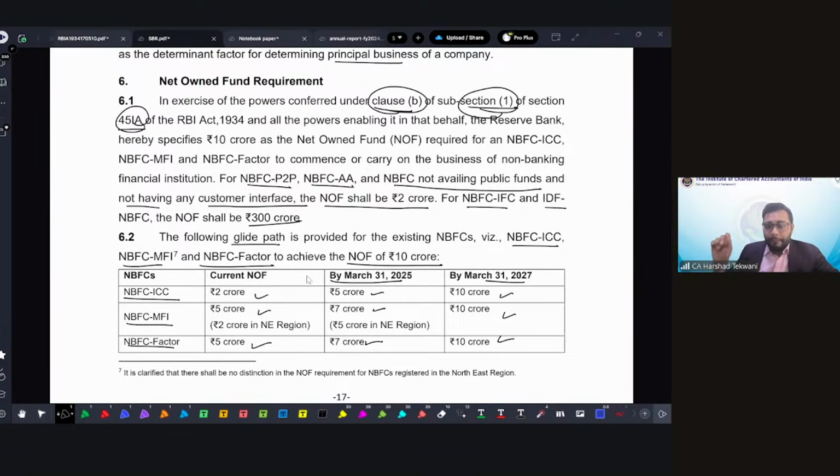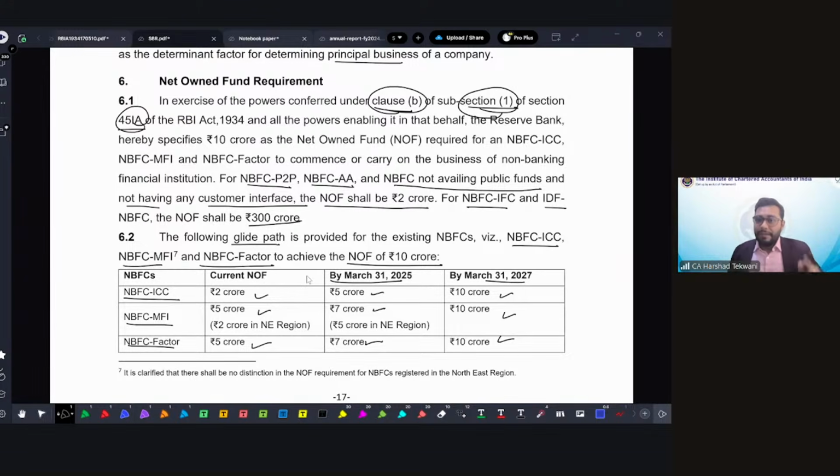So the condition is that to maintain the certificate of registration, you have to maintain the net own funds. If at any point in time you do not maintain this requirement, your certificate of registration can be cancelled. An auditor has to report every year, on 31st of March, whether this net own funds requirement was maintained or not.